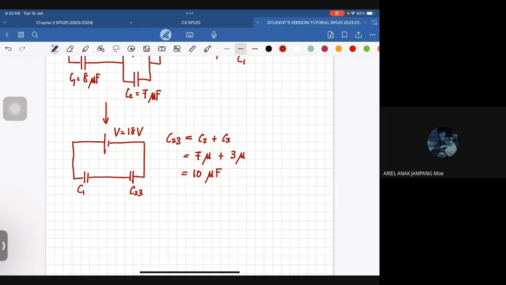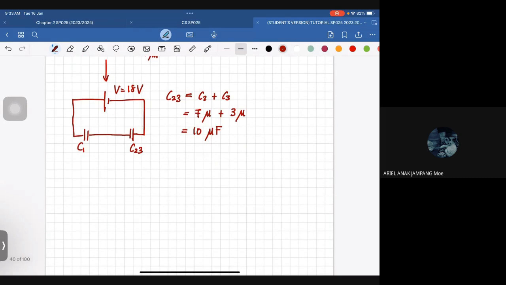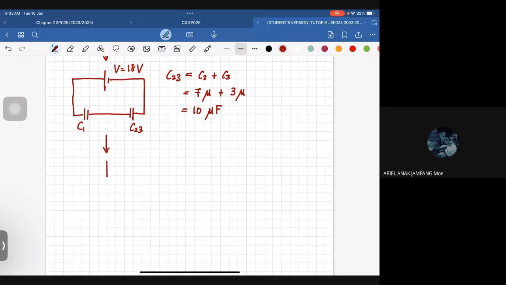Okay. Lepas tu sekarang ni kita simplify lagi untuk jadikan dia satu je capacitor. So yang ini kita ada satu je dan di sini. So this is C123 ataupun saya tulis C123 lah. Okay. So yang ini effective capacitance lah.